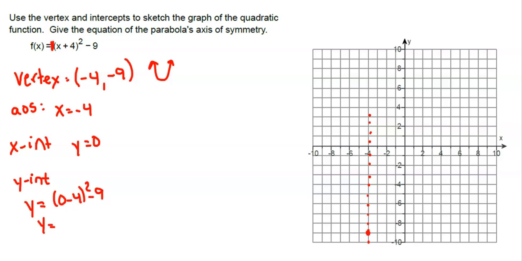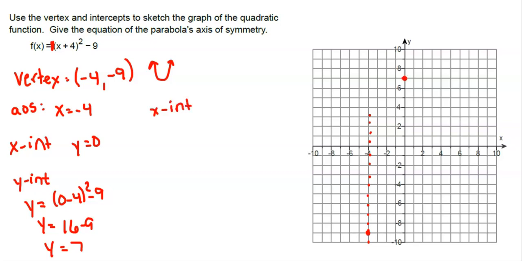So y equals 0 minus 4 squared is negative 4. Negative 4 squared is 16. 16 minus 9. So y equals 7. So our y-intercept is at 0, 7.